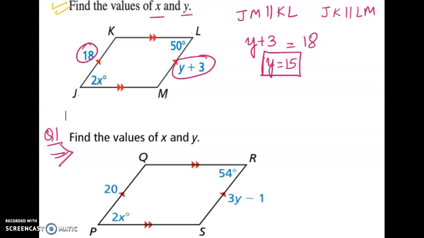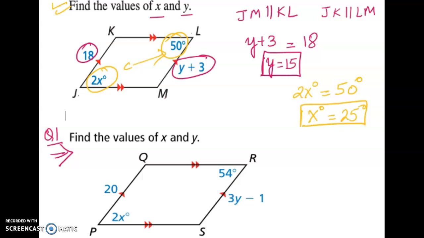Based on the properties of a parallelogram, the opposite angles are also equal or congruent. So 2x degrees will be equal to 50 degrees. Dividing by 2 on both sides, x is 25 degrees.